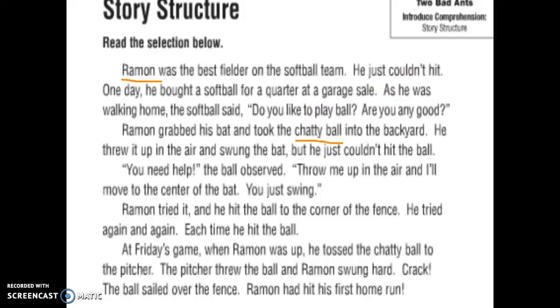A little bit further down, it says he took the ball home and into the backyard. Okay, and then at the end of the story, we see that he's at a softball game. It says at Friday's game. Okay, so again, like in the video, it explained that sometimes the setting changes throughout the story.